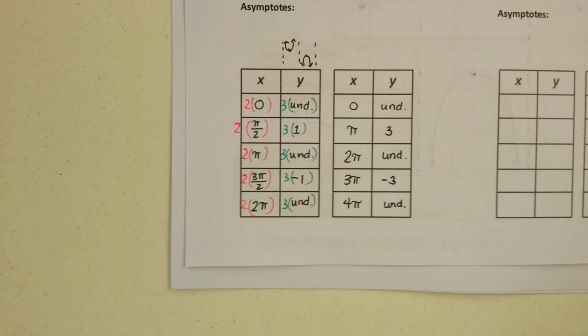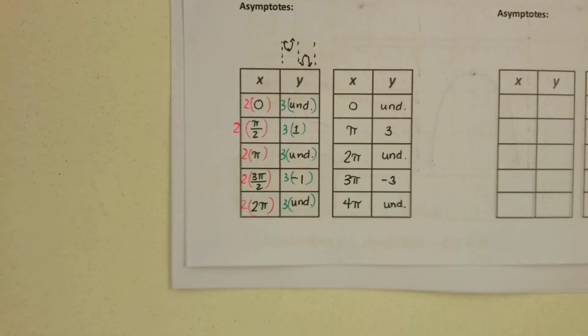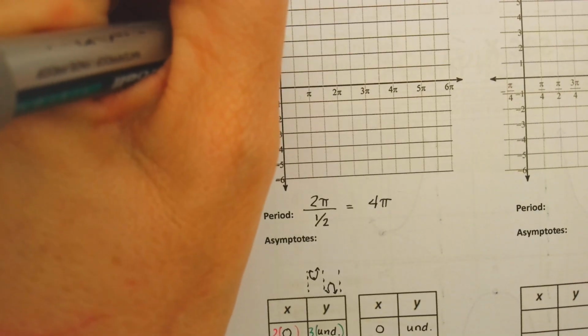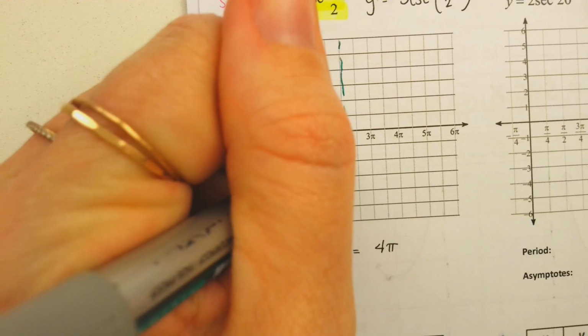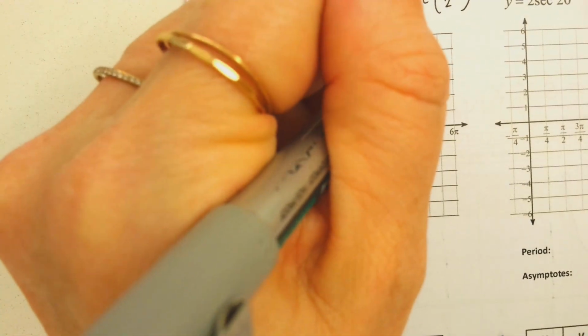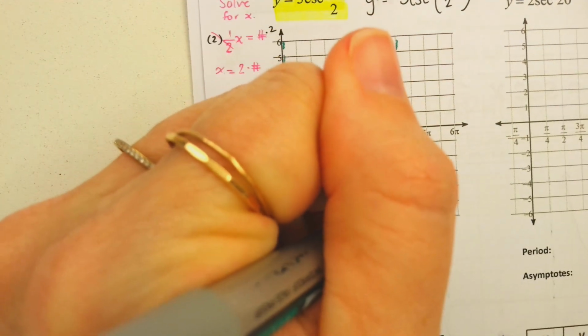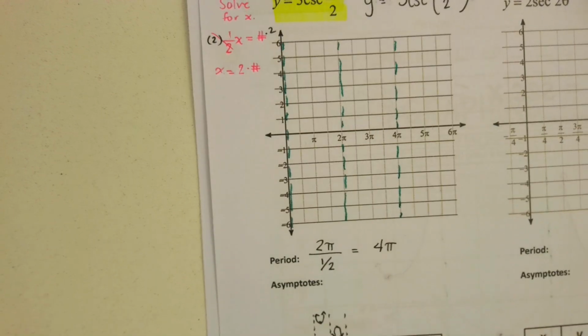Okay, so I have 3 vertical asymptotes, one at 0, one at 2 pi, and one at 4 pi. And then I only have 2 actual points to plot.